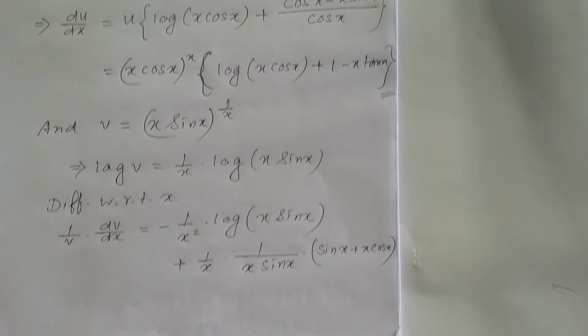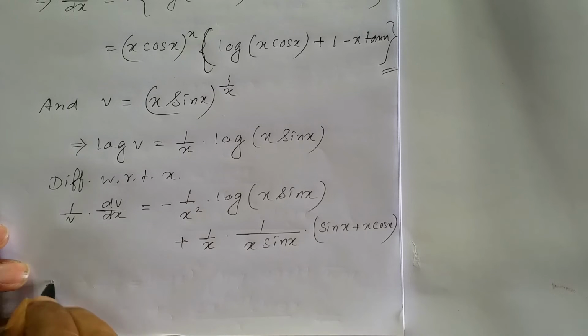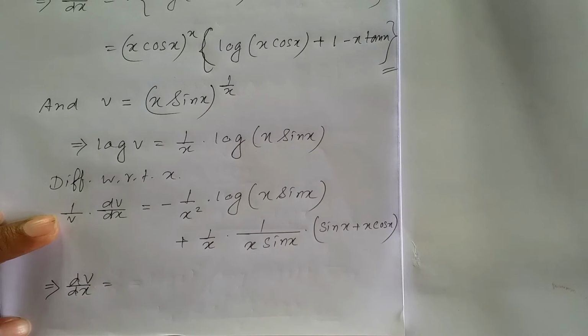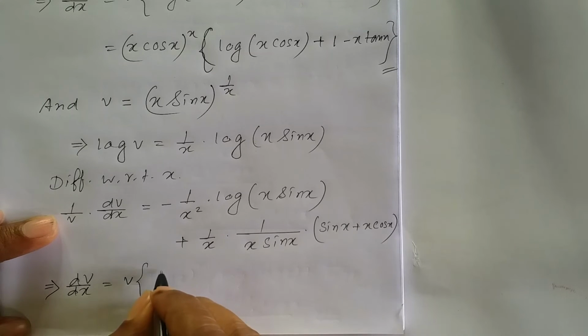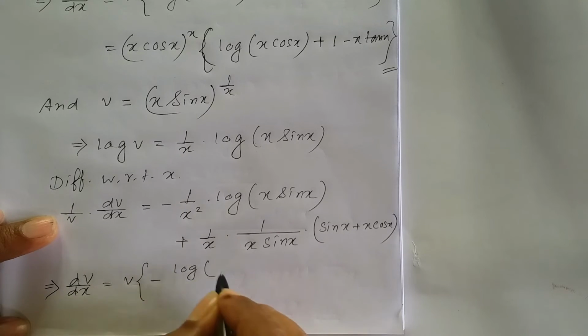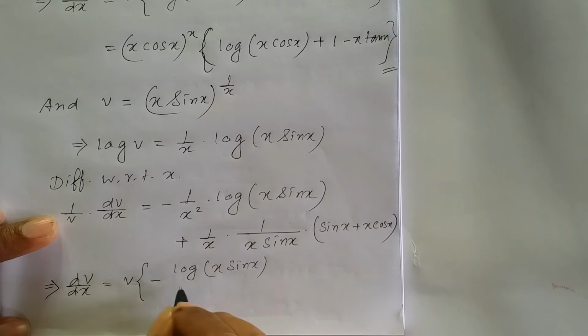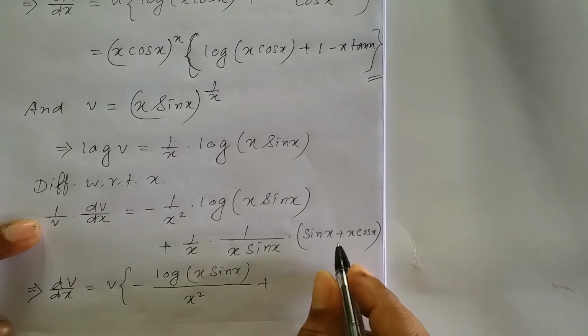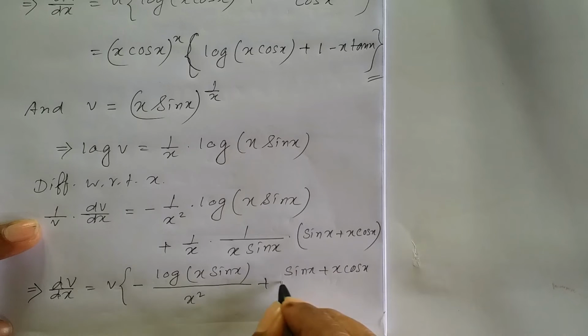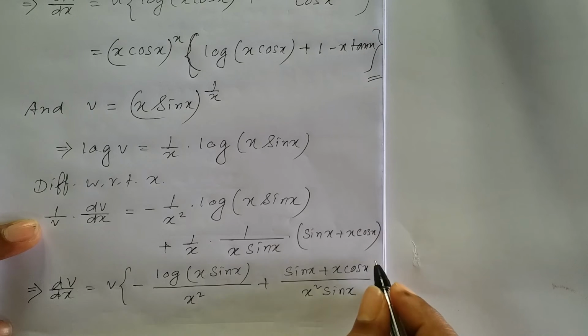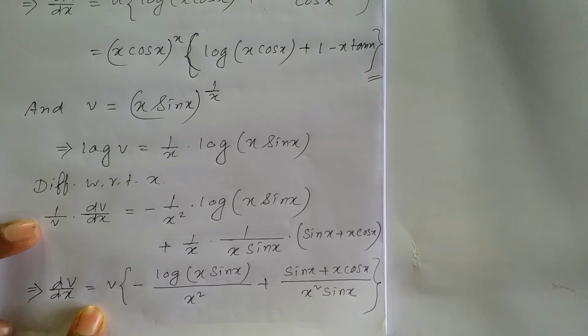Simplify, it implies dv dx is equal to, v will go there, so v whole into minus log of x sin x divided by x square only, then plus sin x plus x cos x divided by x square sin x.